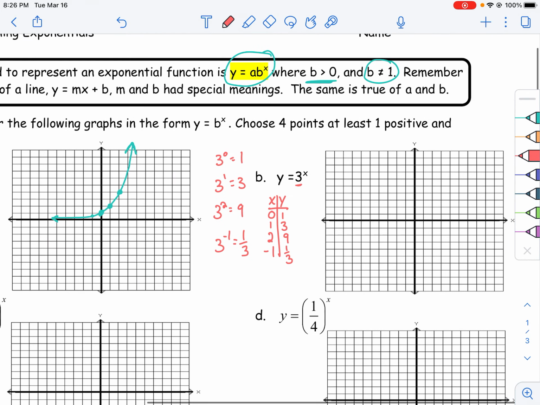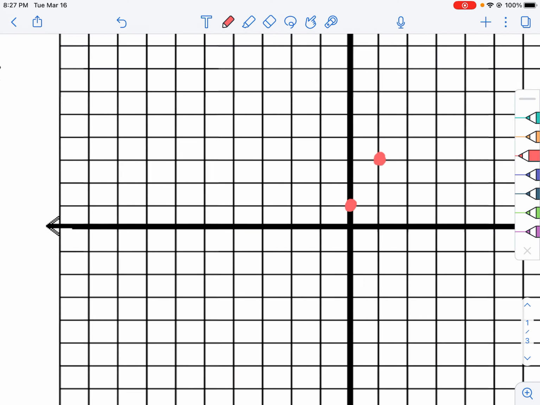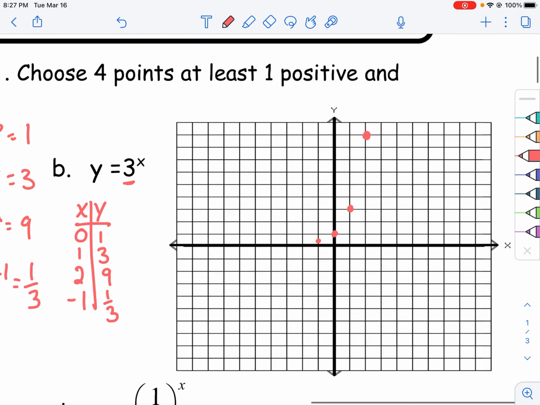So let's take a look at what this graph is doing. At 0, we get 1 again. At 1, this time we get 3. And at positive 2, we get 9. 3, 4, 5, 6, 7, 8, 9 would be right here. And then at negative 1, we get 1/3 this time, which is going to be right down here.